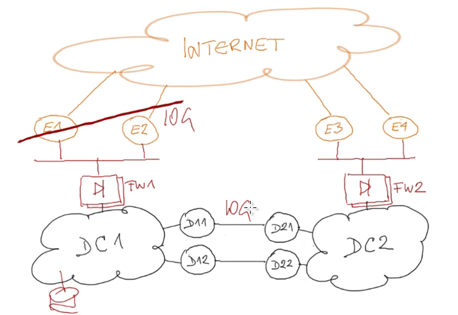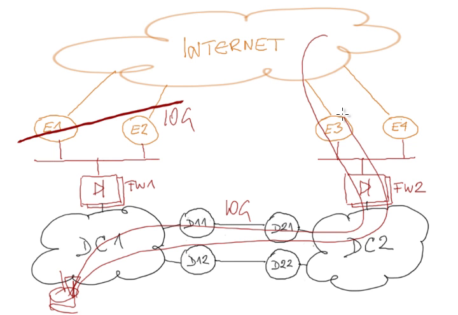So in this case, I might say, okay, I could live temporarily with a situation where the traffic goes through data center 2 to the server in data center 1 and then back over the DCI link. And if the speed of the DCI link is comparable to what I had as the internet connectivity speed, then I'm okay. Obviously, if the speed of the DCI link is 1 gig and I had 10 gig going to the internet, the DCI link might become heavily congested.